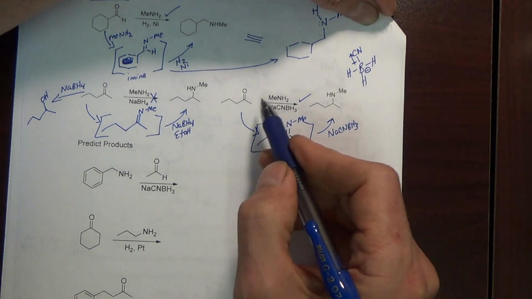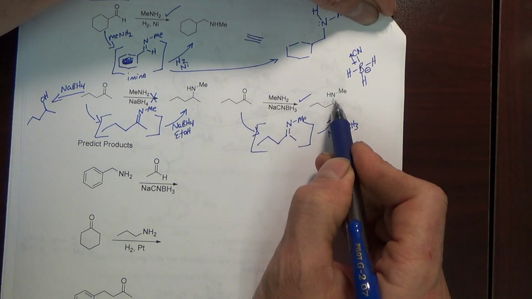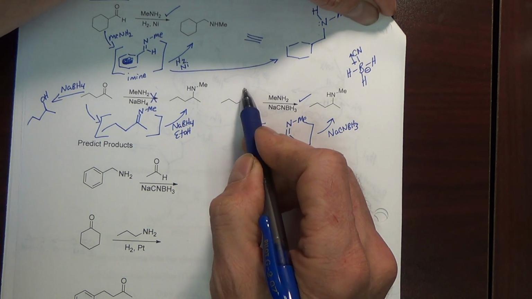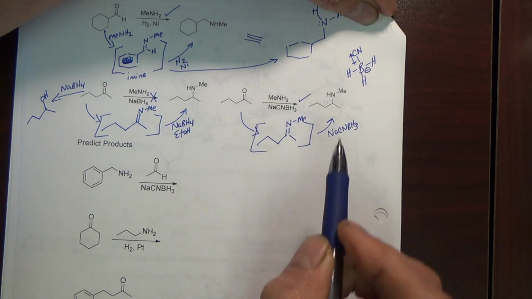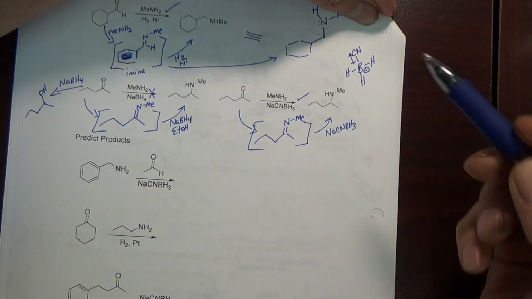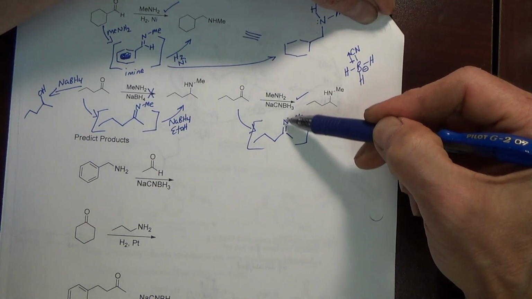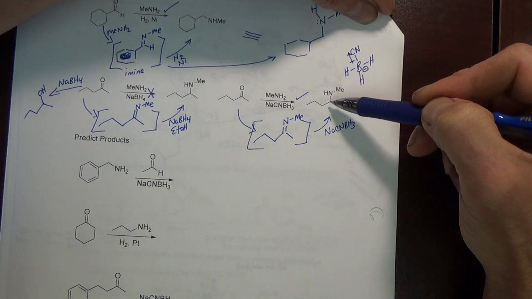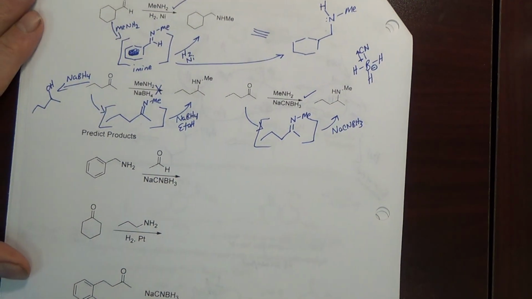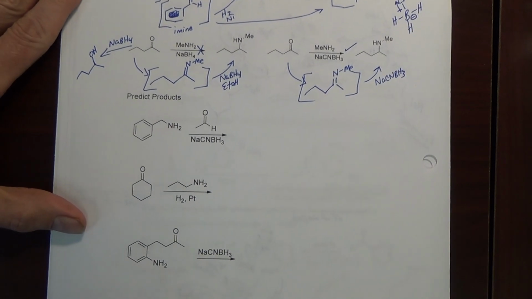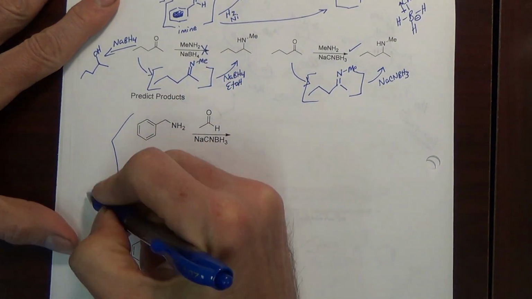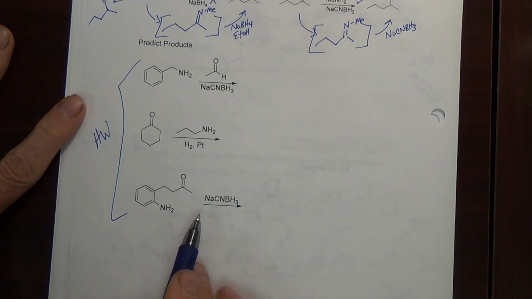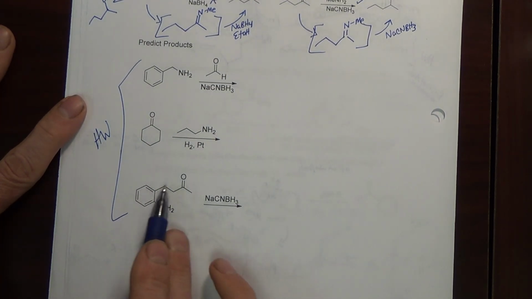Now you have to envision this. In the reductive amination sequence, we first make the imine. This becomes a nitrogen instead of oxygen. But then we know that we can reduce that double bond and we can have an amine. So here are some to predict products for homework. The third one, it's only one molecule here.